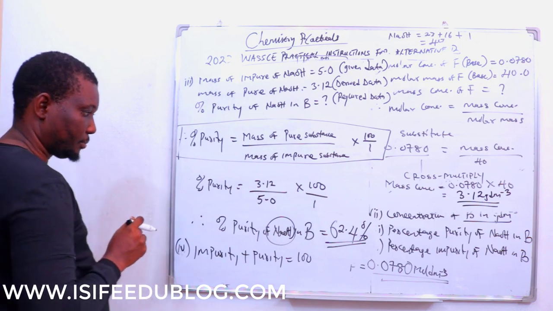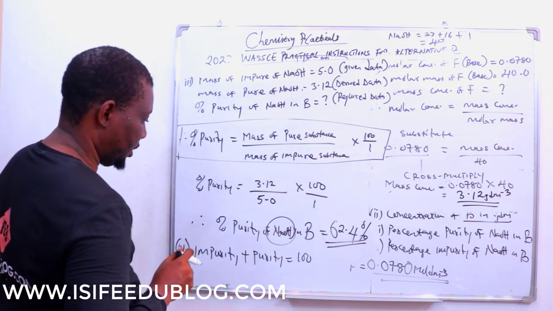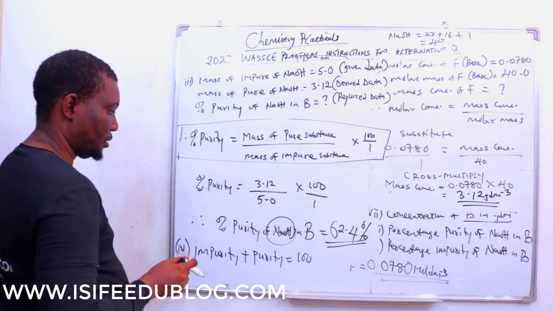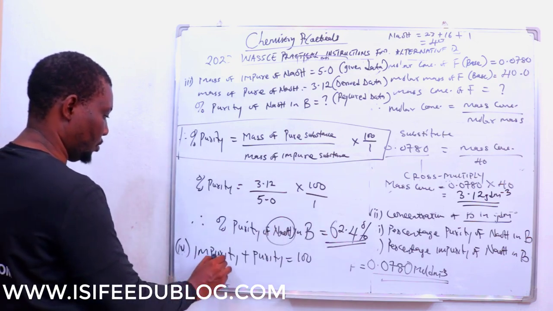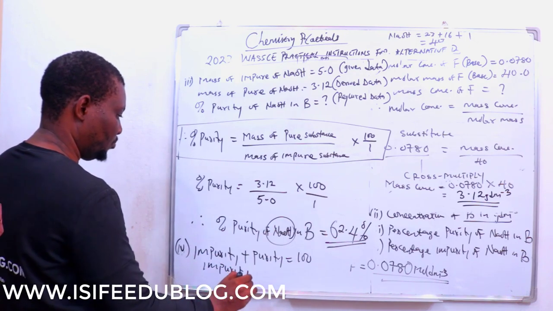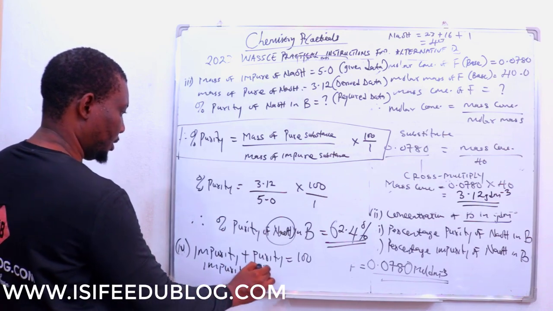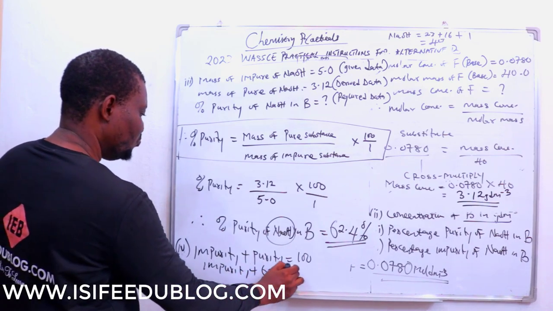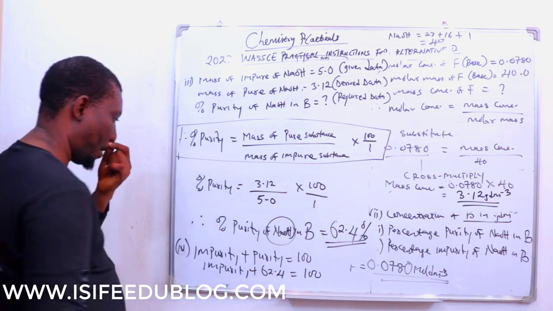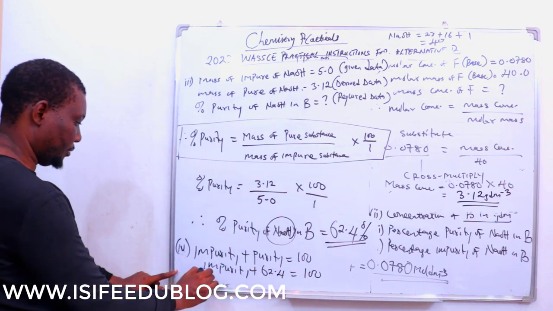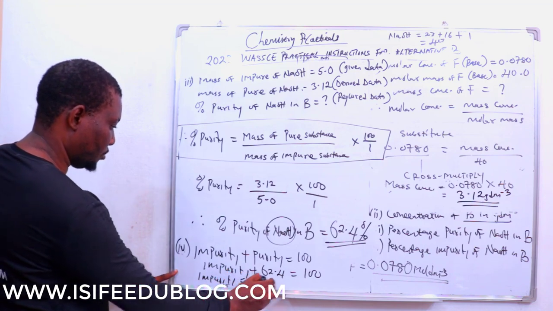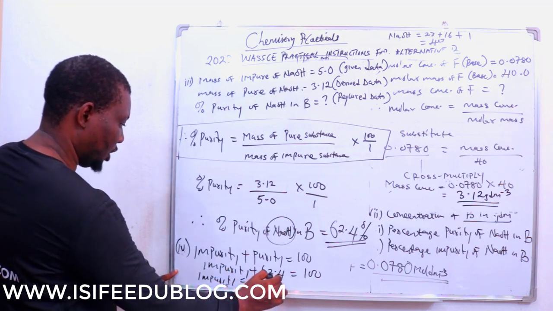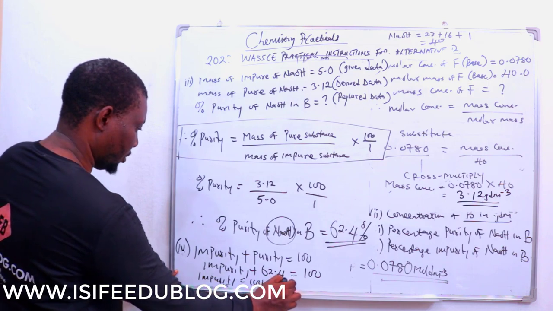Having known that the purity is 62.4, the impurity is equal to 100 minus 62.4.